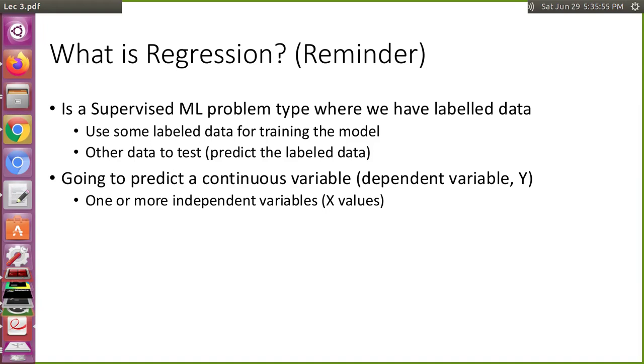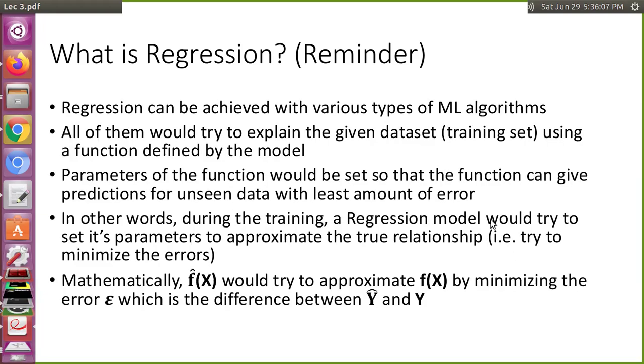So when it comes to regression, we can have one or more x variables, which are known as the independent variables, and you have a single y variable or dependent variable, right?